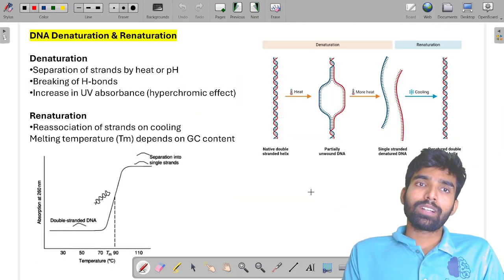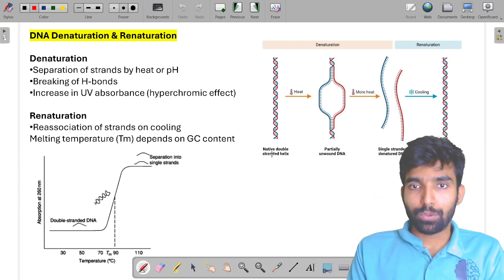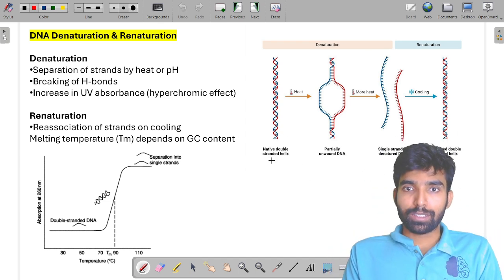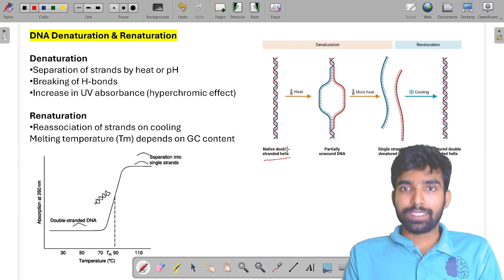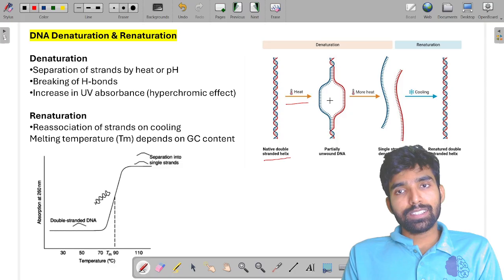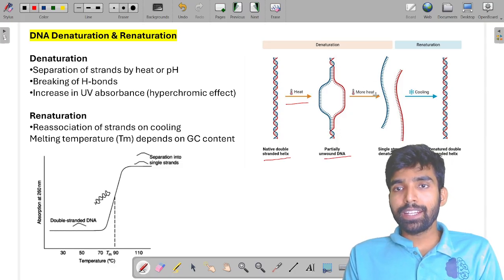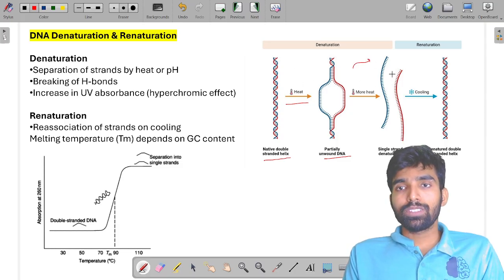Now one term comes, DNA denaturation and renaturation. As I told you, just focus on the figure as of now. It's a native double-stranded DNA. Now you just heat it. Then at a certain point of time, some portion will be single-stranded, some portion will be double-stranded, partially denatured DNA. Then again heat. These two strands will be separated, so red and blue are separated.